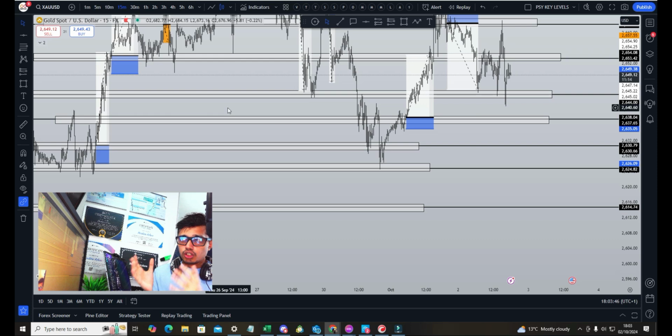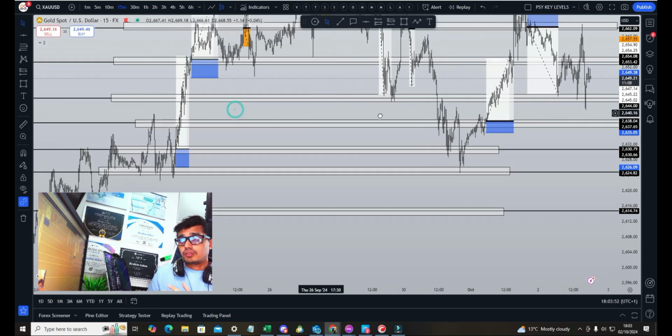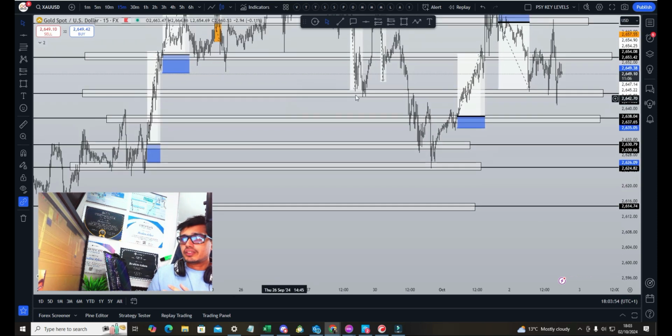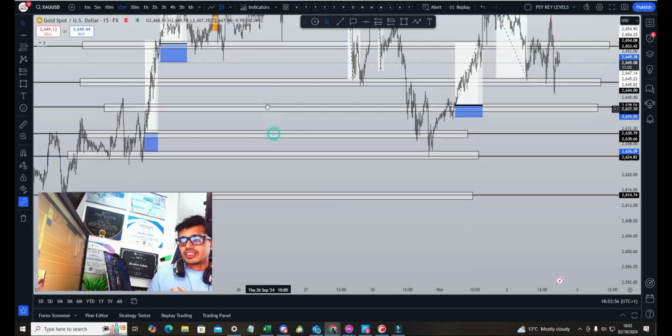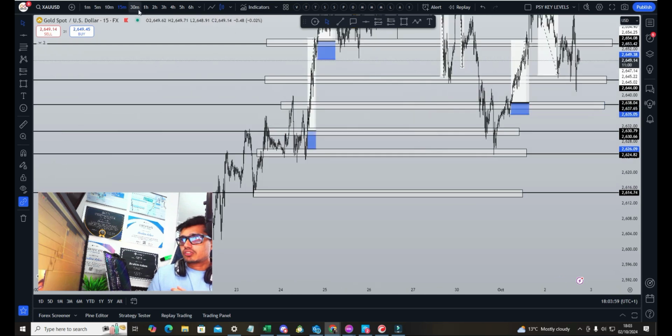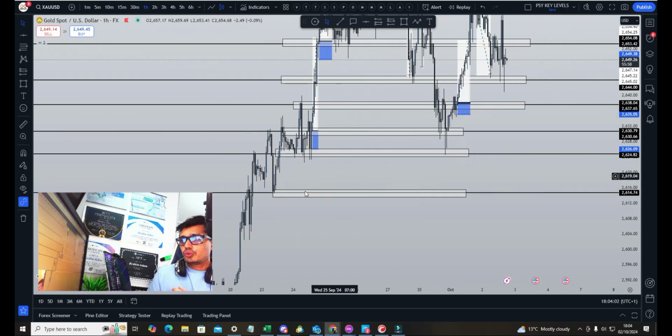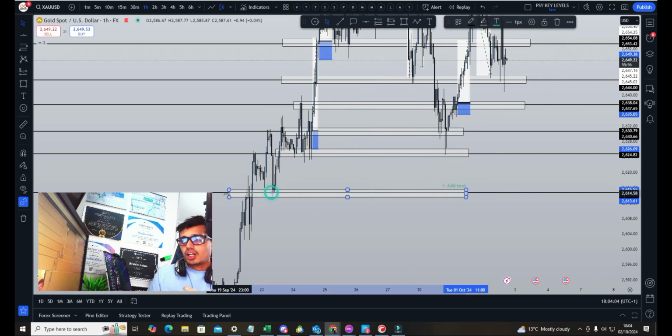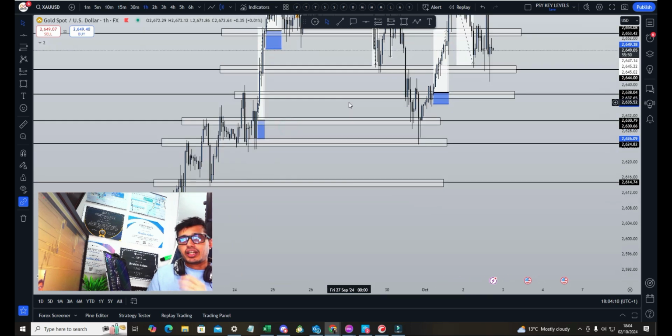Now, another advantage, guys, an edge, should I say, is the ability to draw my key levels. I've already drawn some here. These might look like zones, but I just call these key levels. When I draw my key levels, guys, how well can you draw your support and resistance levels where price reacts from, and there's a chance it can react from that area again?